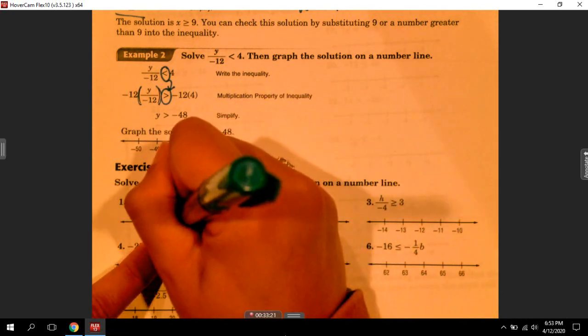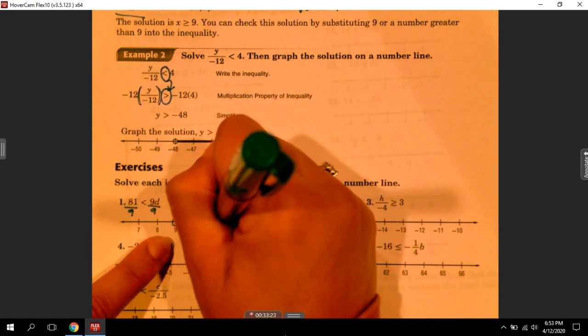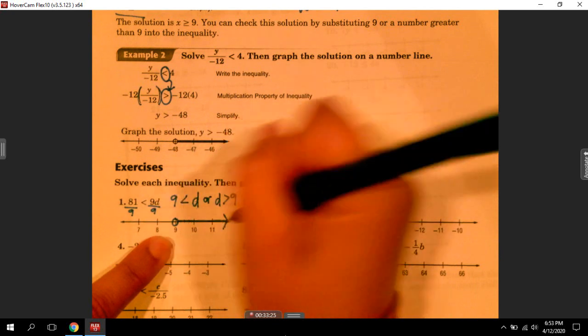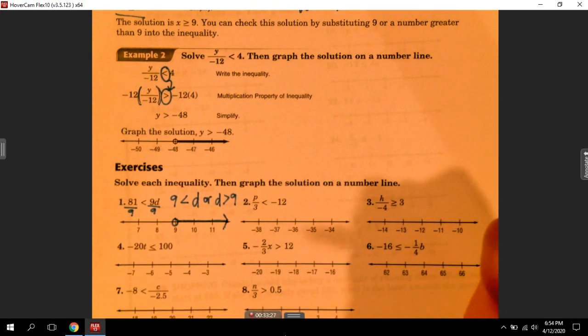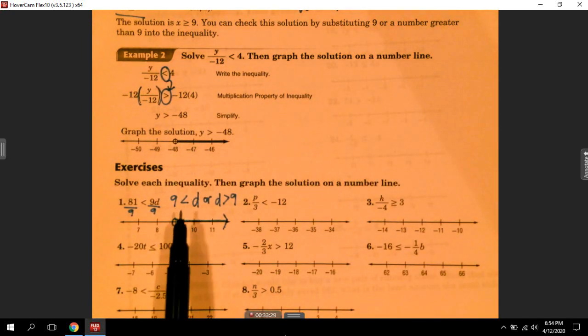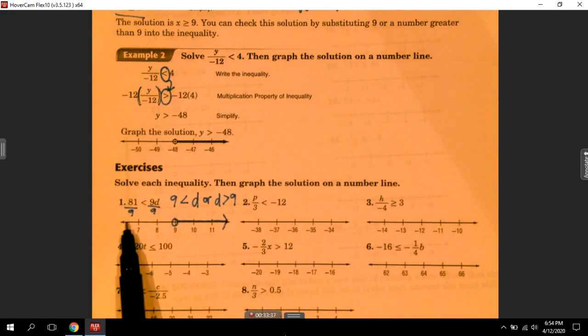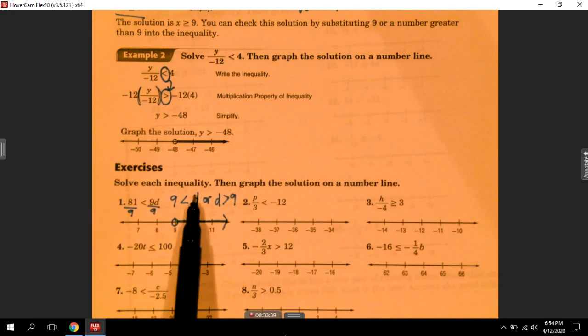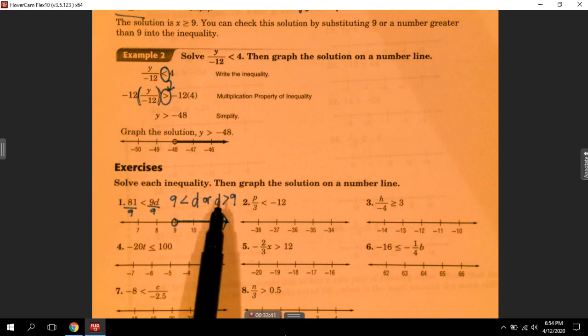And then everything greater than 9. So you should be coloring to the right of that. Okay? Do you see what I'm saying here? If you don't switch it and you're going just off of this direction, then you would have put an open circle here and you would have colored everything in the left direction, which would be incorrect. So in order to go off of the direction of your symbol, your variable has to come first.